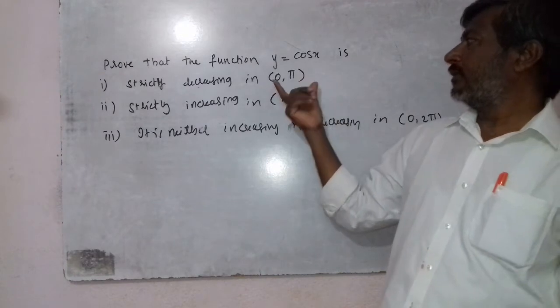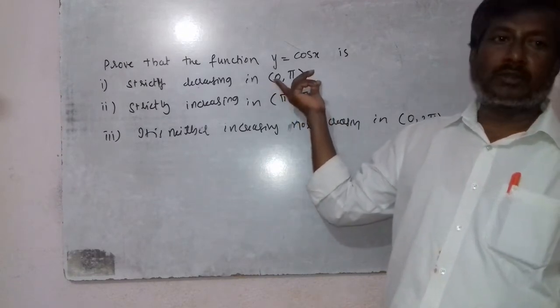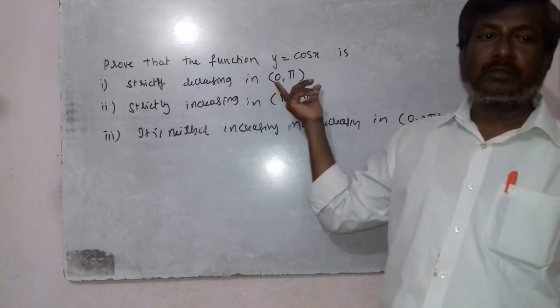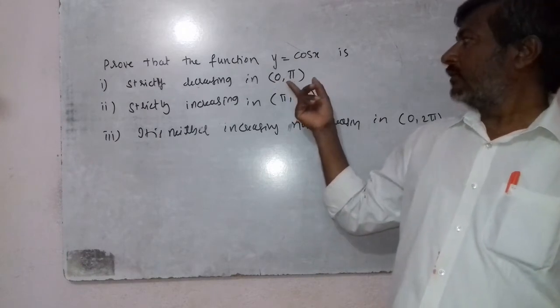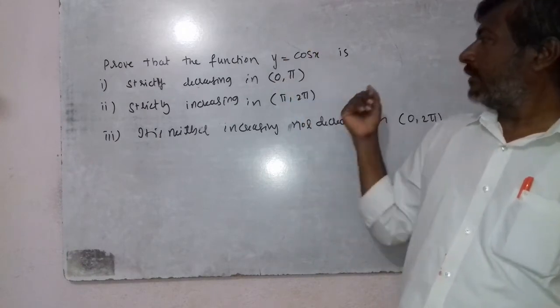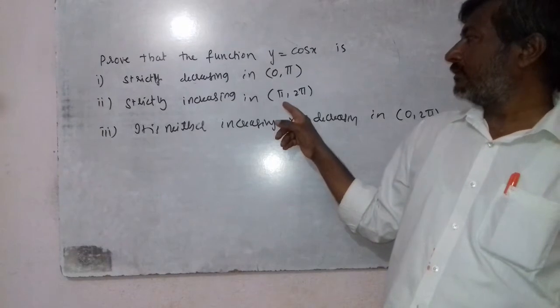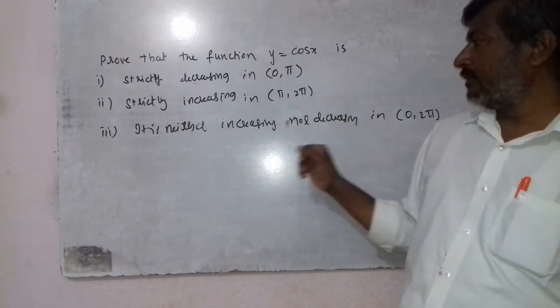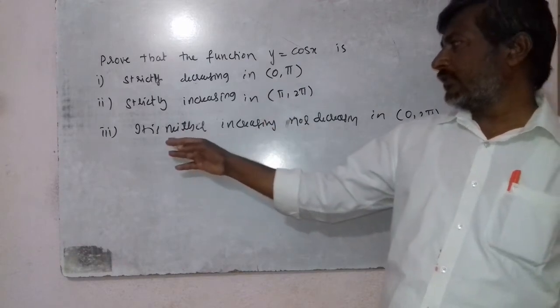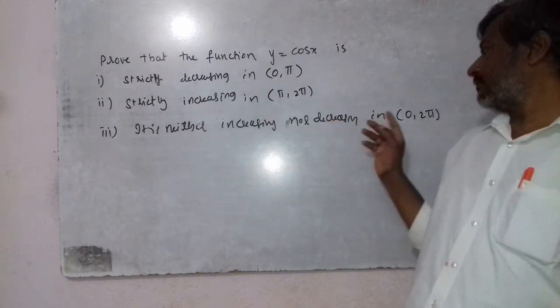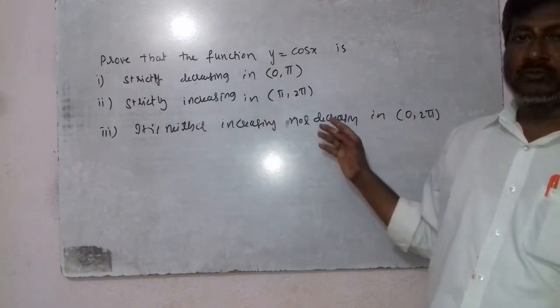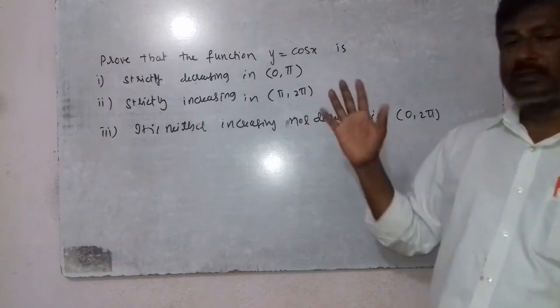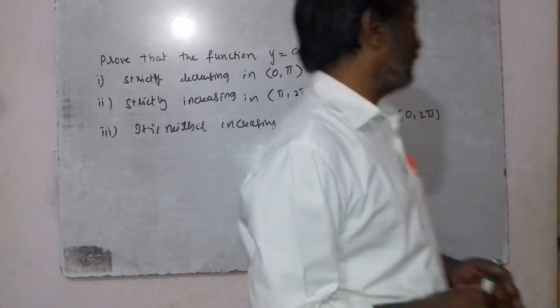So that is in the first and second quadrant, we have to show that the function is decreasing, and in the third and fourth quadrant the function is increasing. So totally we have to show that this function from 0 to 2 pi is neither increasing nor decreasing.